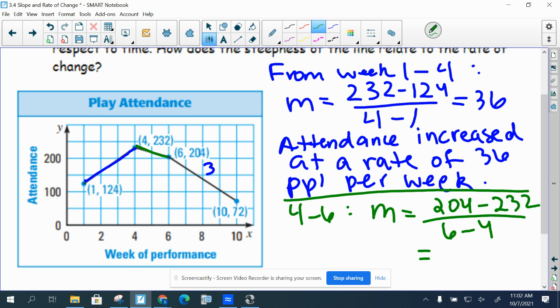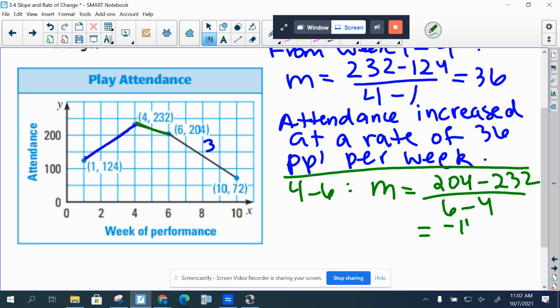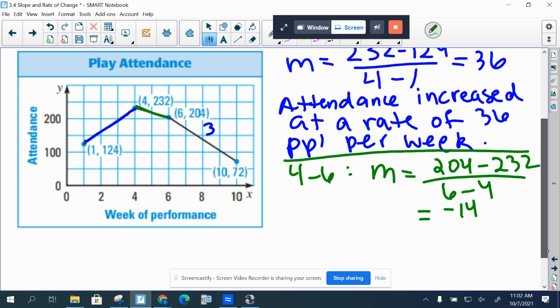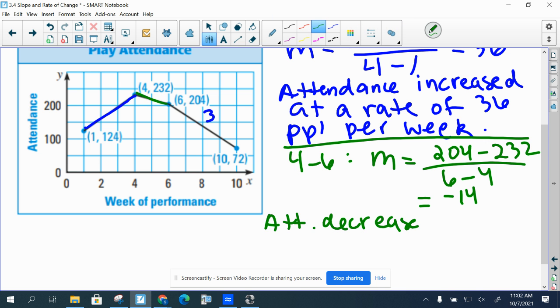Negative 14. So what does that mean? How would we write our sentence here? Describe the rate of change. It went down and it decreased. So attendance decreased 14 people per week during that section.